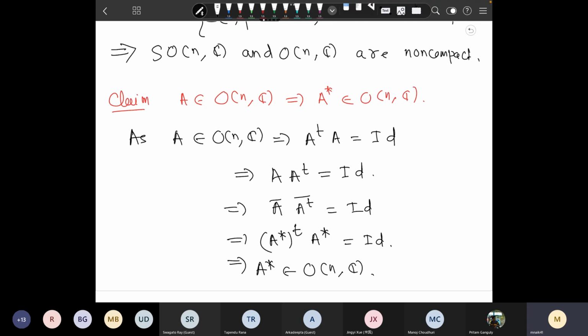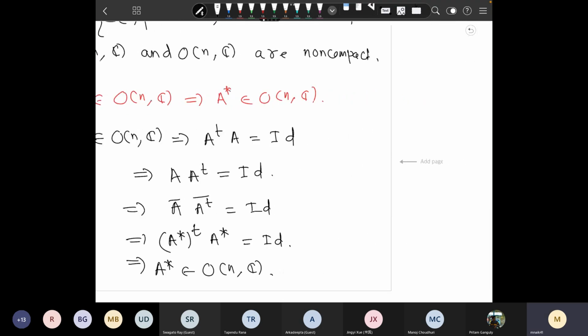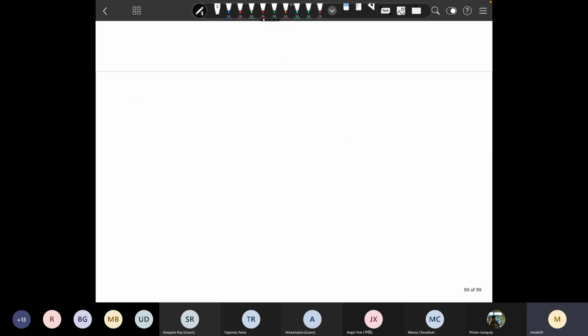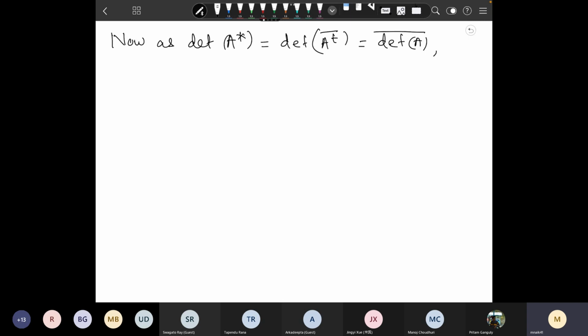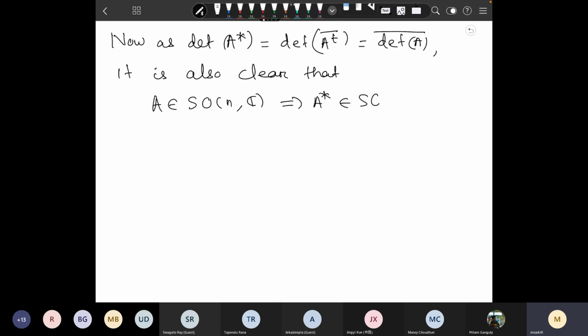Okay, so this is clear, and similarly, as determinant of A star is equal to determinant of A transpose bar, which is equal to determinant of A bar, it is also clear that A belongs to SO(n, C) implies A star belongs to SO(n, C).